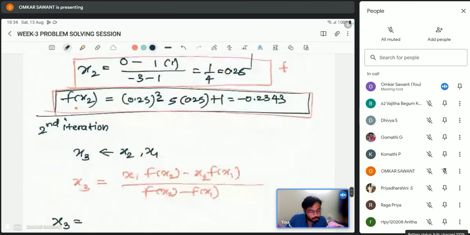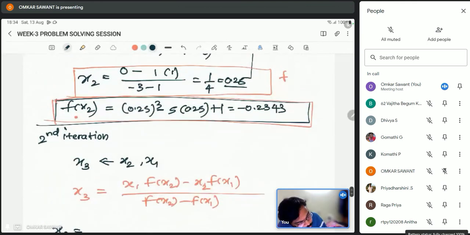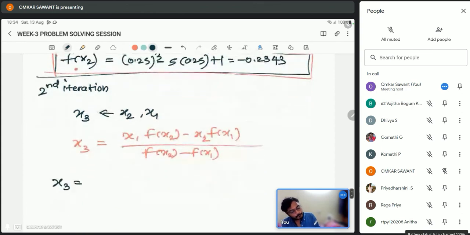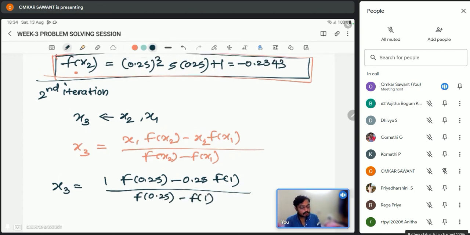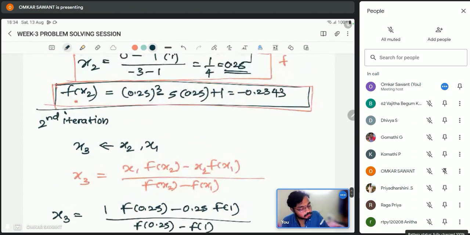What is our x2? 0.25. So x3 is 1 times f of 0.25 minus 0.25 times f of 1, upon f of 0.25 minus f of 1. We have calculated f of 0.25, minus 0.2343. Am I going very fast?